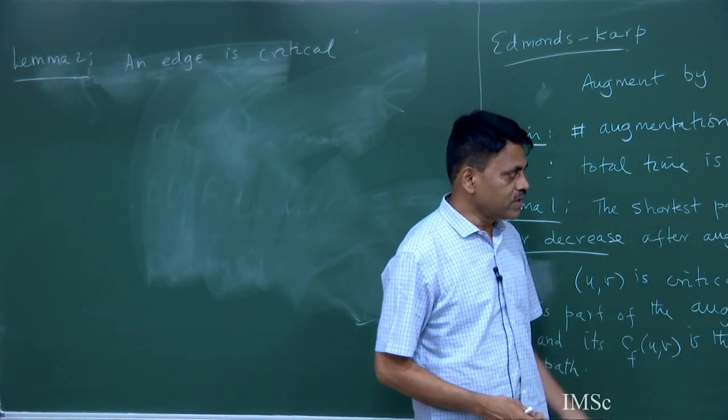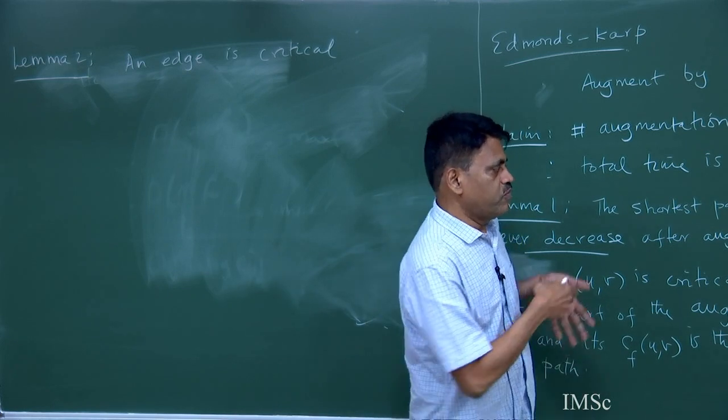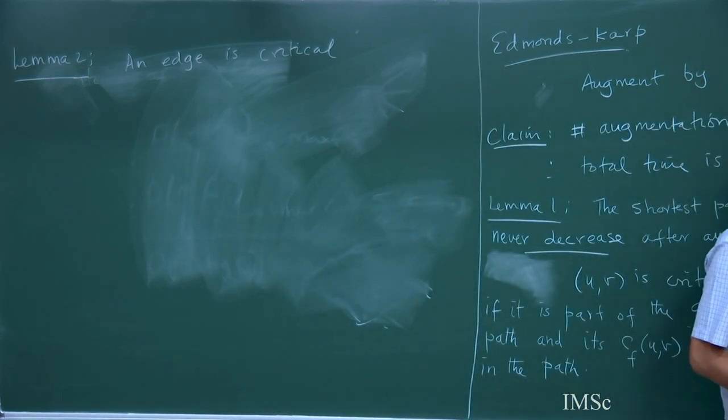How does it become critical? So you do this augmentation, this edge was critical, okay? How can it become critical again?